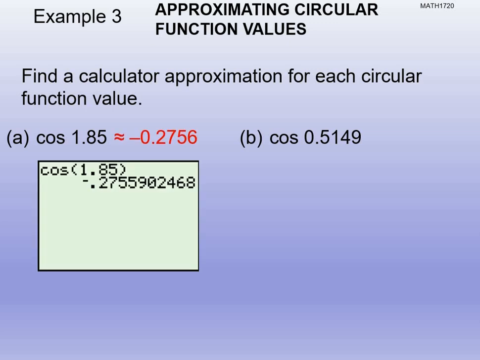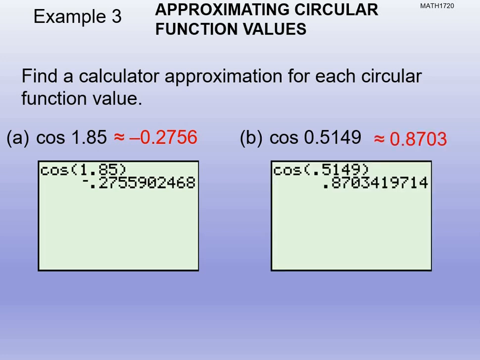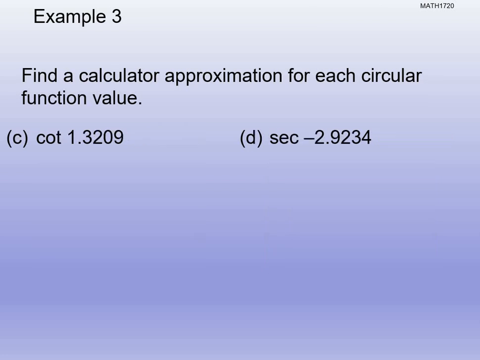You should be getting negative 0.275. Now, if you're not getting that, that means that you forgot to put it into radians mode instead of degree. You guys should be able to do the next one, cosine of 0.5149. Make sure you pause the video, make sure that you're getting the exact answers here.